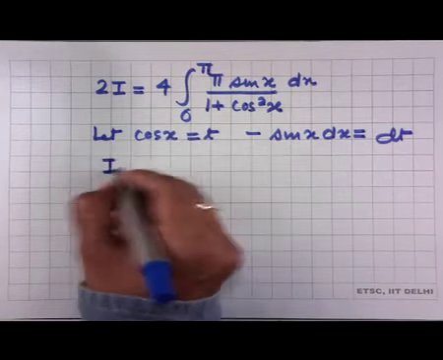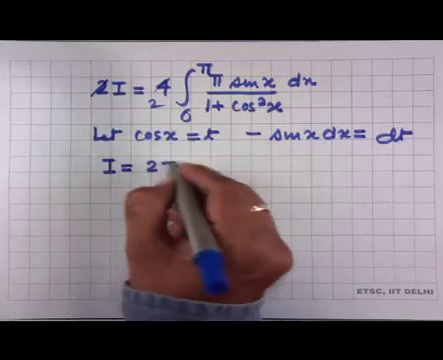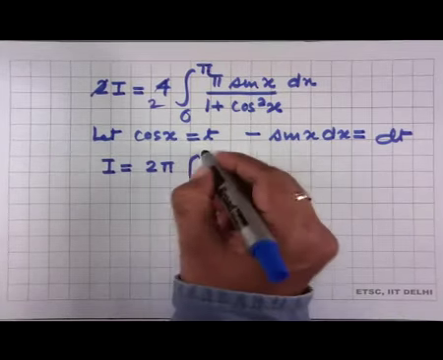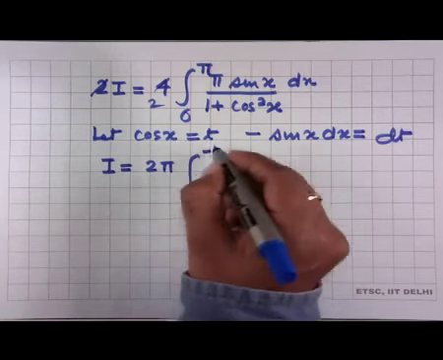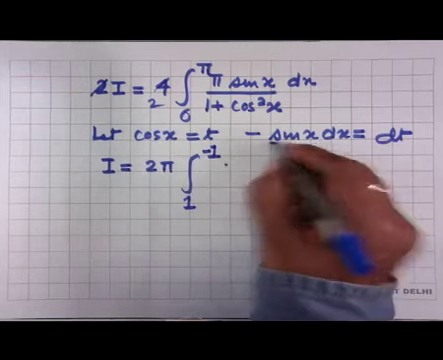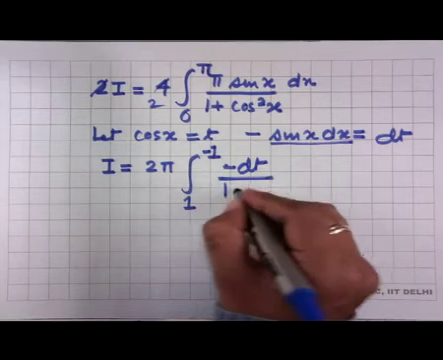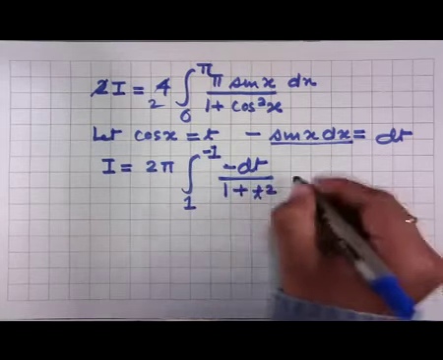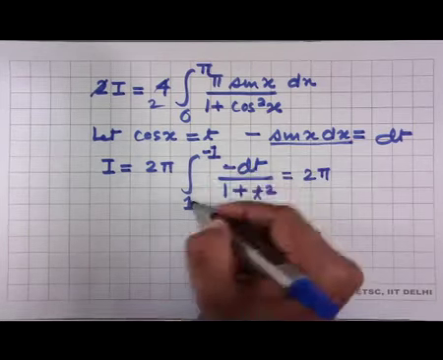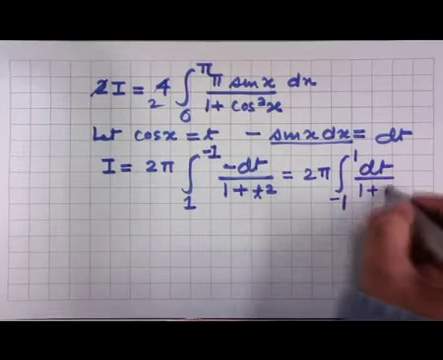So I is equal to 2 pi, at cos 0 it is 1, cos pi is minus 1, sin x dx is minus dt, so you get minus dt over 1 plus t square. This is equal to 2 pi, because there is a minus sign you can interchange the limits, so you get minus 1 to 1 dt by 1 plus t square.